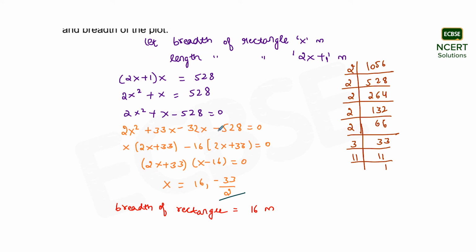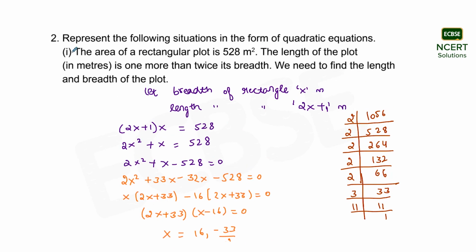And I have assumed that the length will be equal to 2x plus 1. So substituting the value of x in 2x plus 1, here I'll be getting 33 meter. So I have obtained the value for the breadth as well as the length of the rectangular plot, which are 16 and 33 meters respectively. So this was about the first problem of question second of exercise 4.1.